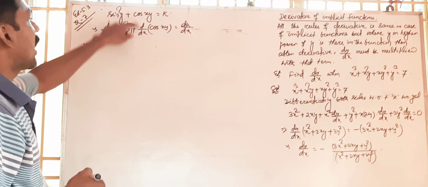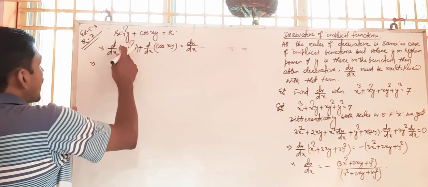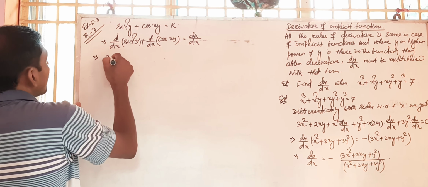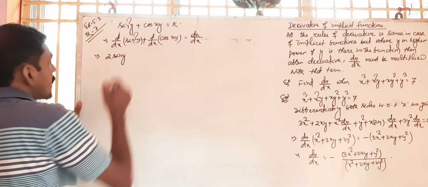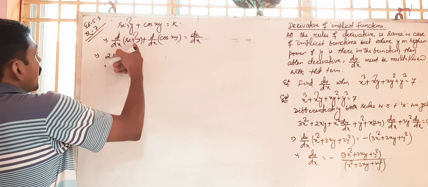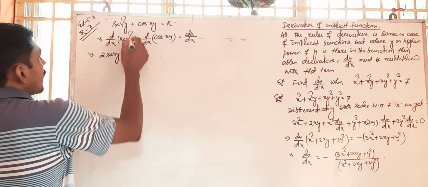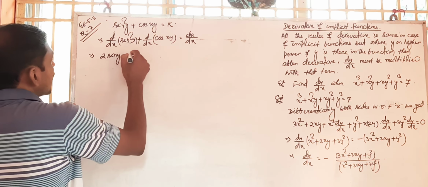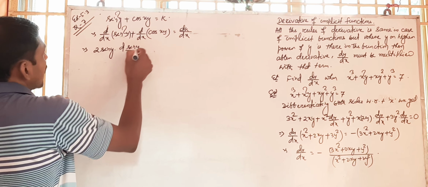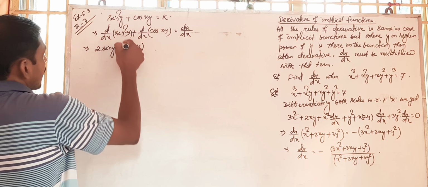First the power comes down, sin square means 2 sin. So the derivative of sin square y will be 2 sin y into the derivative of sin y with respect to x.